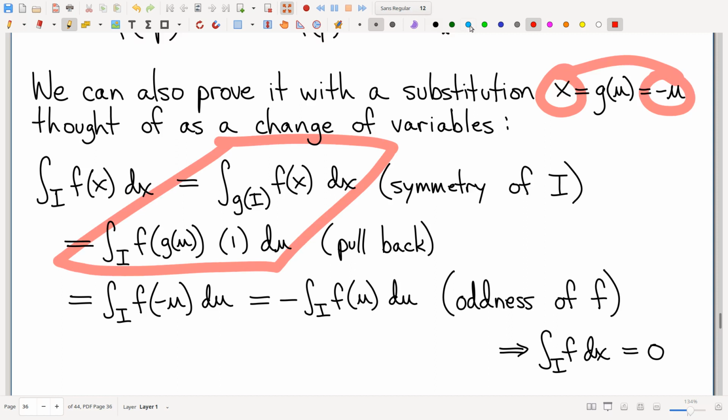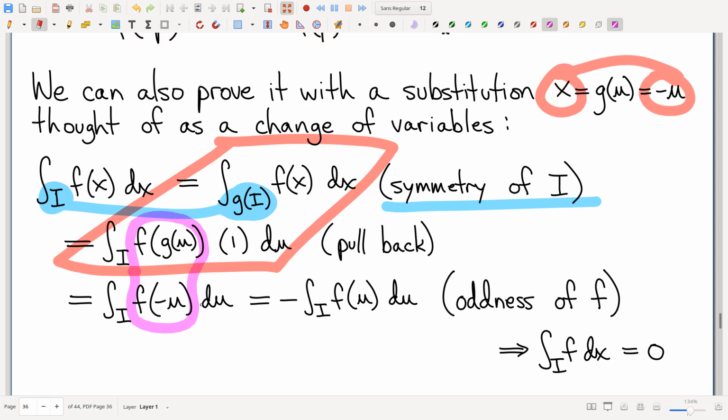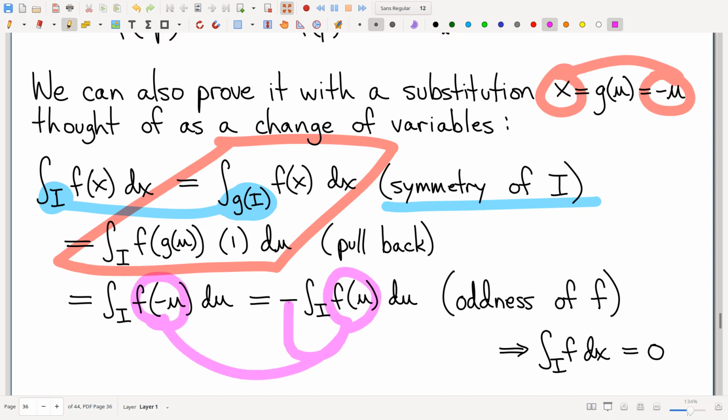And notice all you need is for the domain to be its own reflection, thus the symmetry. The other thing you need is for the integrand to be odd, thus that minus sign.